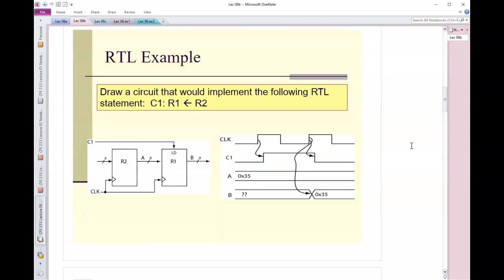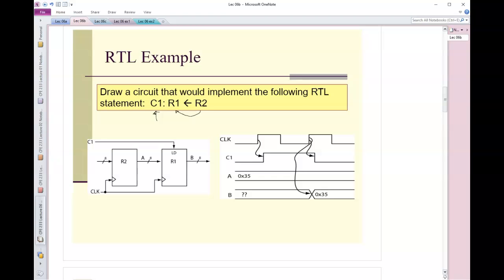Here's a quick example, and what it's saying is the data in R2 is transferring to the data in R1 if this signal is asserted. It doesn't say it directly, but you can infer from the statement that R1 and R2 are registers, and by the way it's written, C1 is a control signal.